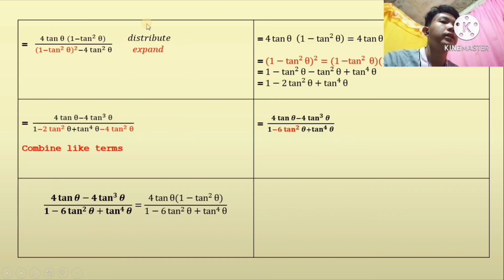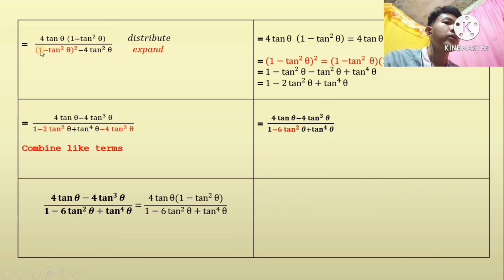So then the remaining will be this: 4 tangent theta times 1 minus tangent squared theta over 1 minus tangent squared theta squared minus 4 tangent squared theta.